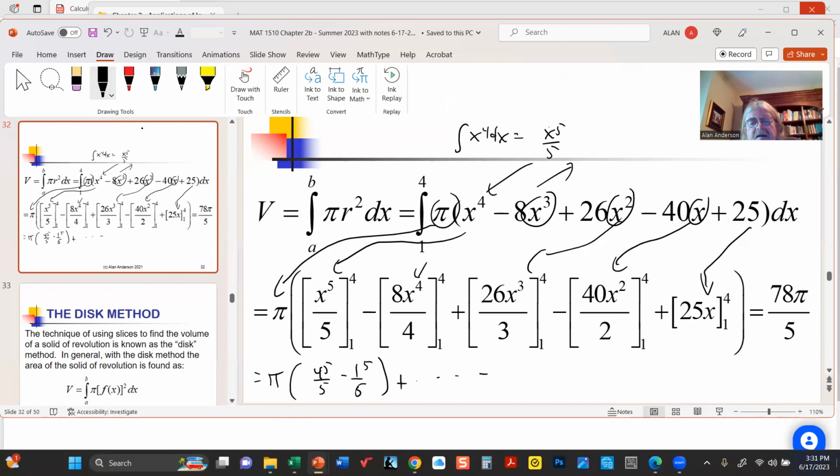So you can confirm that on a piece of paper, but these do actually wind up adding up to 78 pi over 5. So the strategy here wasn't really much different than what we were doing earlier with the standard solids, like the pyramids and the cones and all the rest.